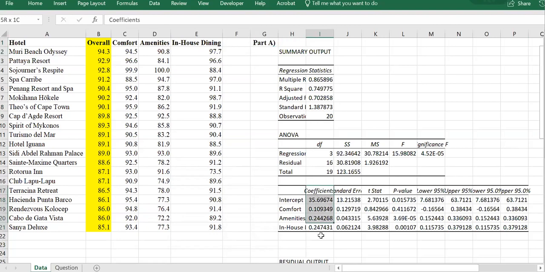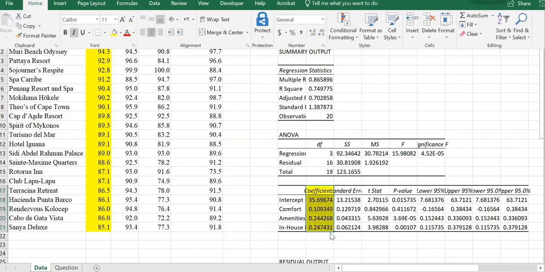And then the equation would be, I'm just going to write down the equation.